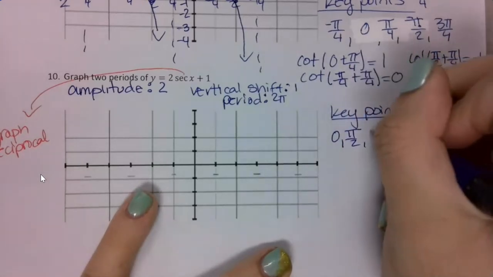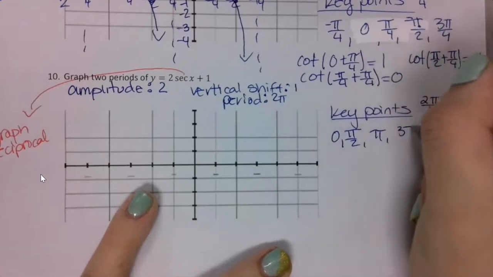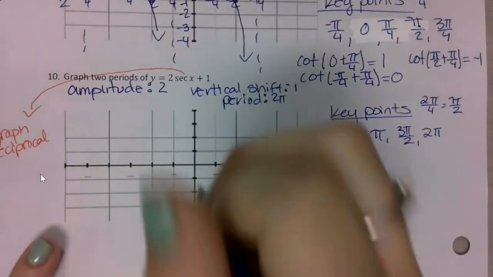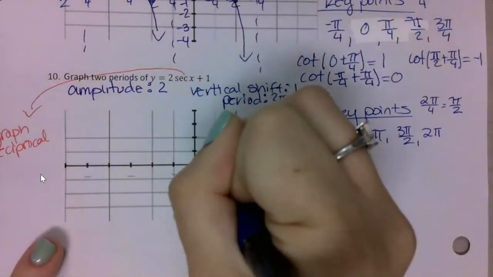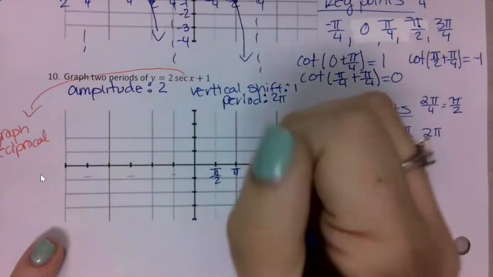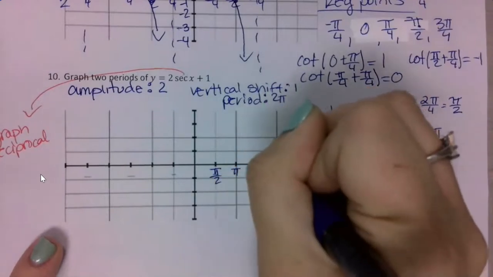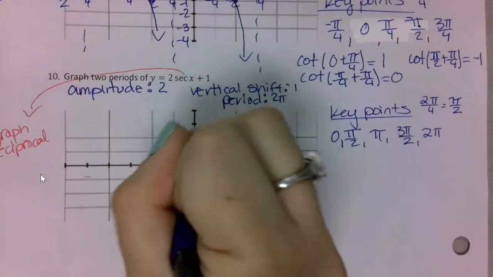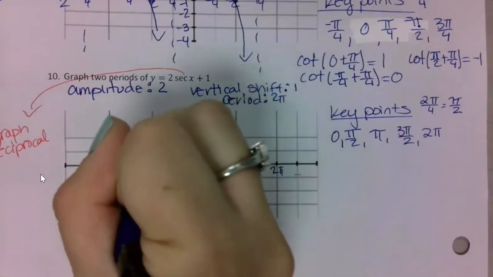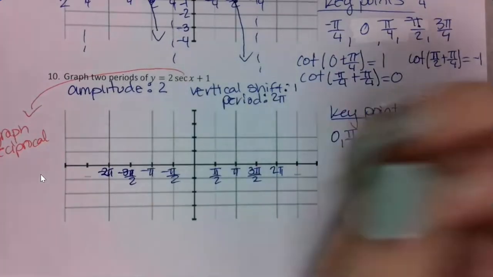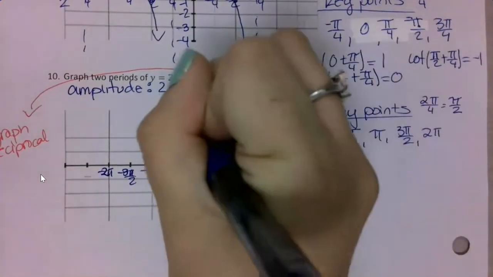So pi halves, pi, 3 pi halves, 2 pi. So this is what I'm counting by down here. I'm going to go backwards, the same amount. I am going to scale.